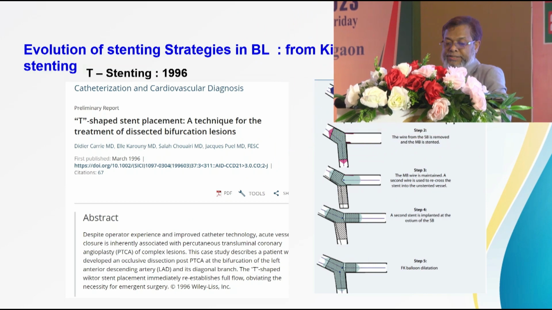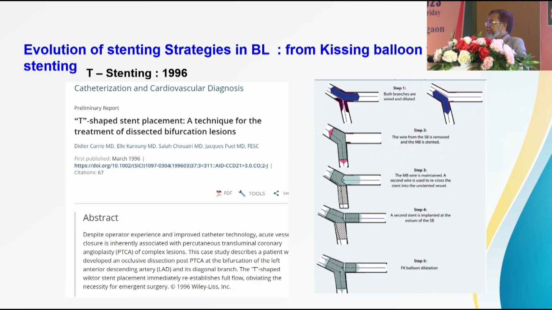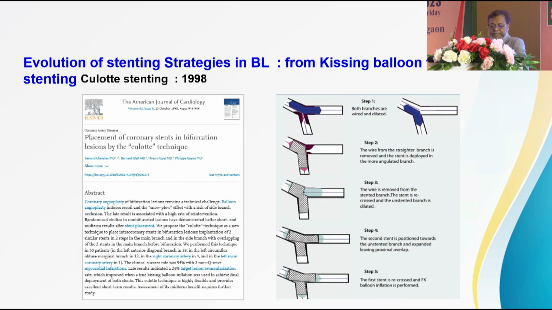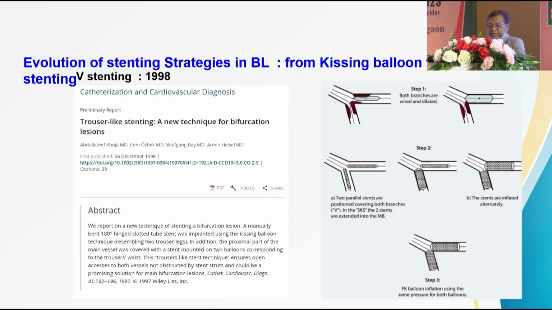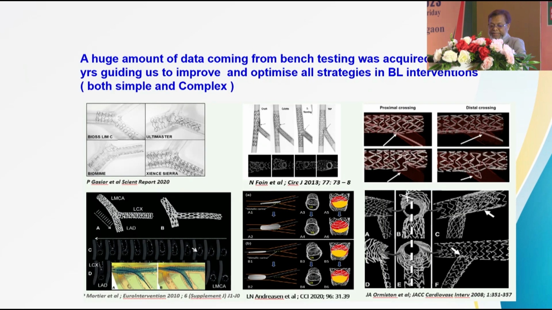In 1996, from kissing balloon to complex stenting, T-stenting. From kissing balloon to complex stenting with culotte, this is 1998, and in the same year, V stenting. And crush stenting in 2003.